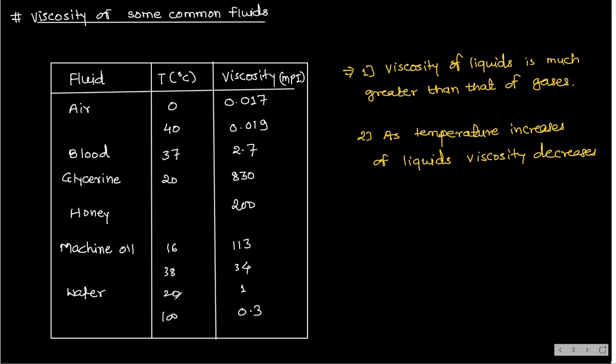So as you increased temperature from 20 to 100, viscosity decreased from 1 to 0.3. If we plot the graph for liquids, the viscosity decreases, and that's why your graph is something like this.